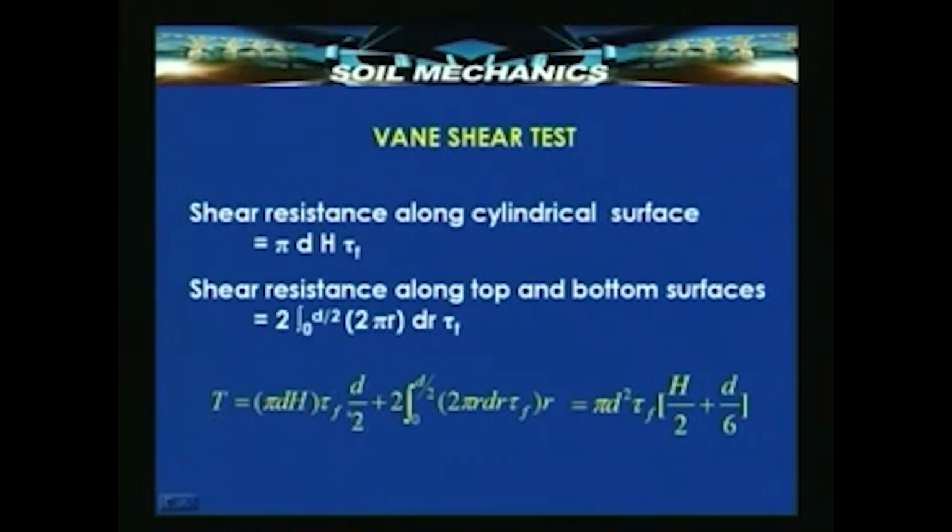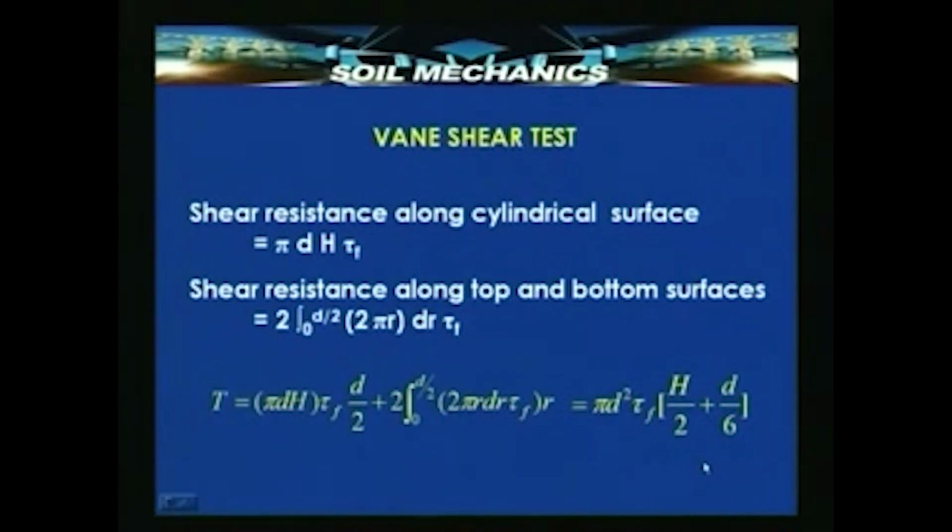So, we calculate the moments of these forces, sum them, and put that equal to the torque. That will give you a relationship from which the unit shear resistance tau f at failure can be calculated, and that is nothing but the shear strength.